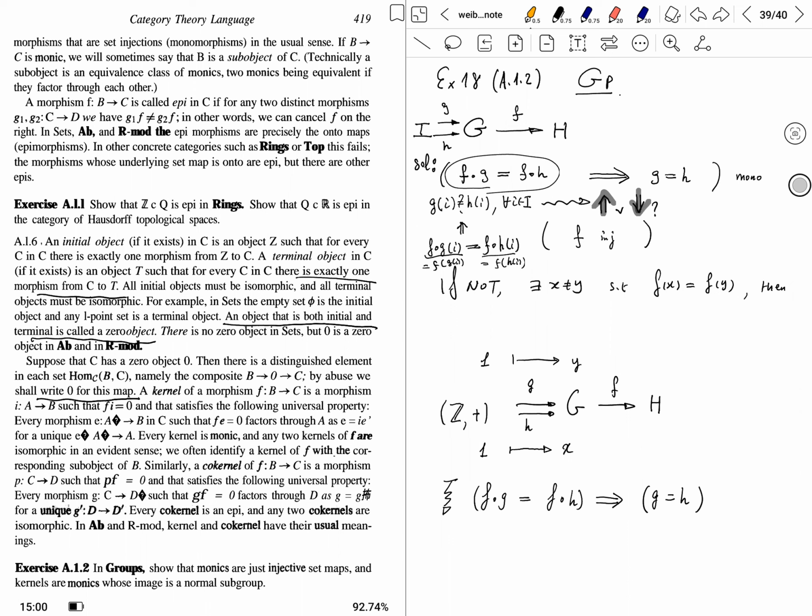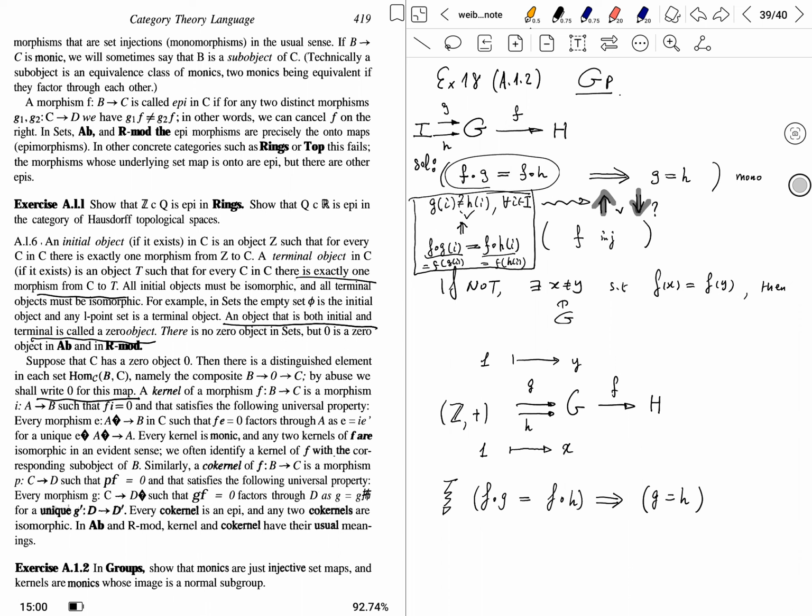The other direction: suppose it is a monomorphism. How do you show that it is an injective map of sets? Suppose it is not injective, which means there exist x and y different in G such that Fx equals Fy, and then we derive a contradiction.